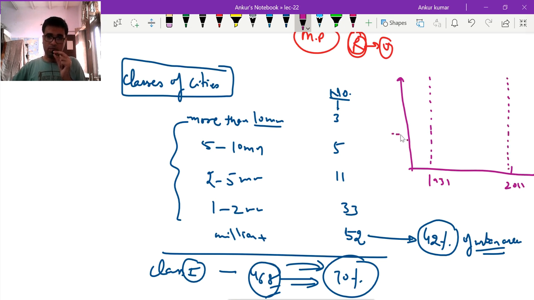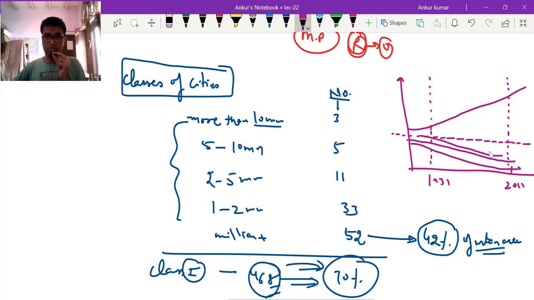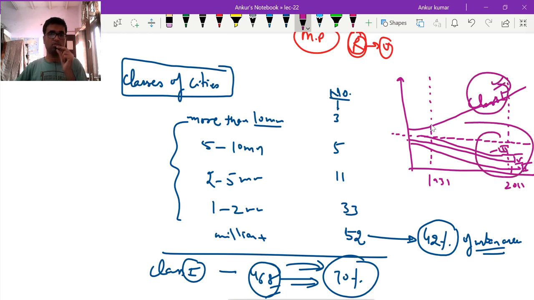The growth of the class 1 cities has increased, but the growth of the remaining cities, that is class 3, class 4 cities, they have kept on declining. So these are the class 3 cities, class 4 cities, class 2 cities. However, the class 1 cities, they have continuously increased at the cost of these small cities. Now why is it happening? The class 1 cities are growing at the cost of the smaller cities.